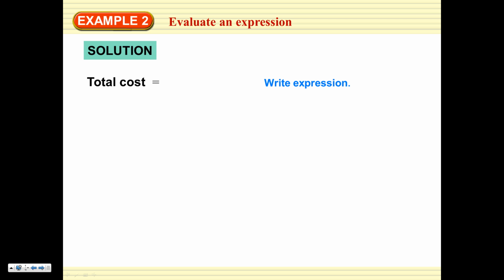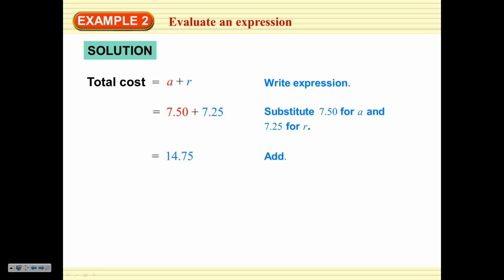Write the expression, which is A plus R, cost of movie plus cost of refreshments. So we do our substitutions, $7.50 plus $7.25, and obviously the answer would be $14.75. That's what we spent on movie and refreshments. Pretty simple. It's going to be a pretty simple lesson today.